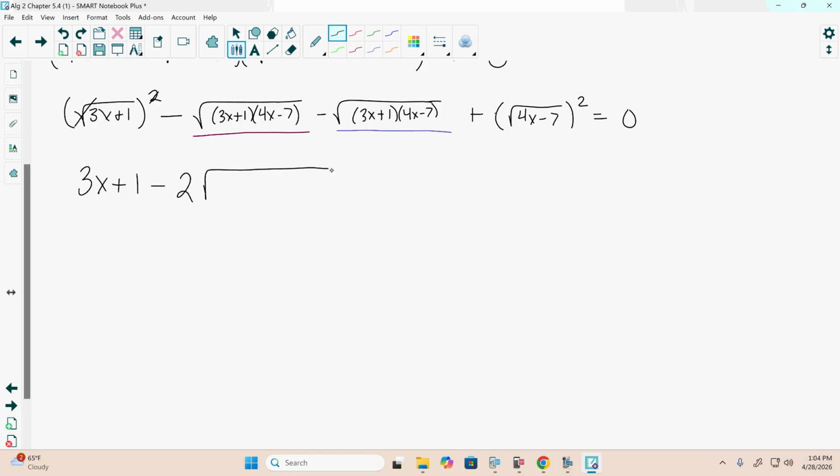I'm going to go on and simplify this out, because we'd have 12x squared minus 21x plus 4x is going to be negative 17x minus 7.